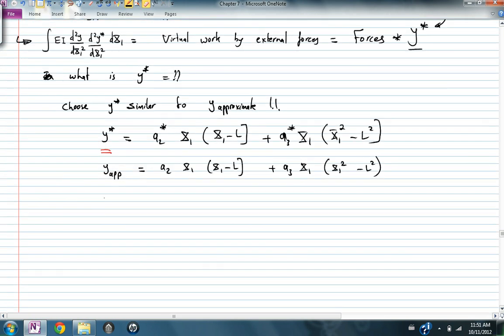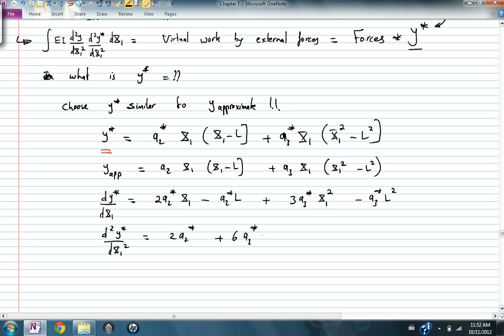So dy star by dx1 is equal to 2 A2 star x1 minus A2 star L plus 3 A3 star x1 squared minus A3 star L squared, and the second derivative of y star with respect to x1 is equal to 2 A2 star plus 6 A3 star x1.